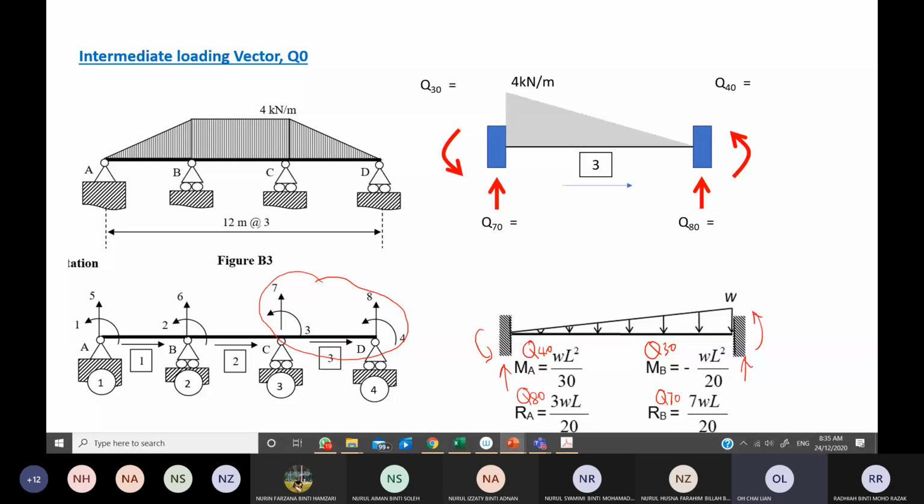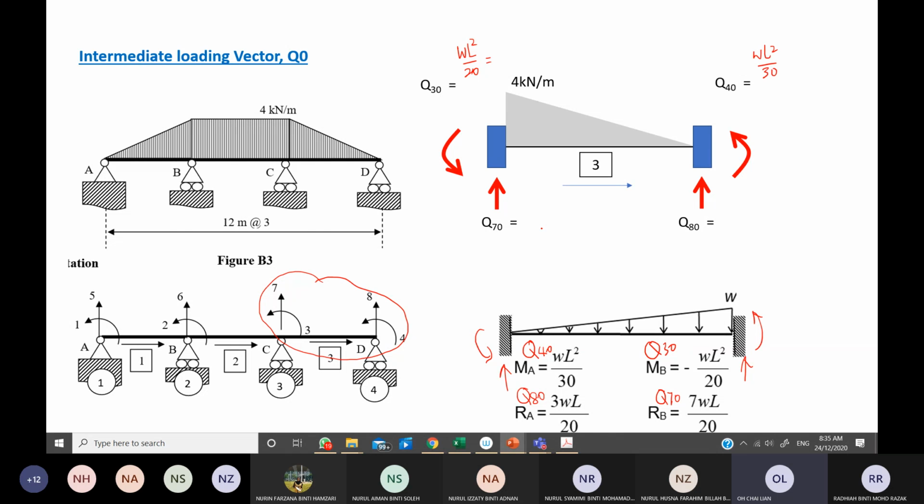So here Q3 naught will have WL squared over 20, but we can refer to the one that we have determined earlier, maybe we can get the value from there. Q4 naught will be WL squared over 30.